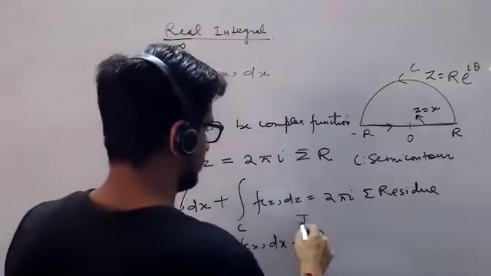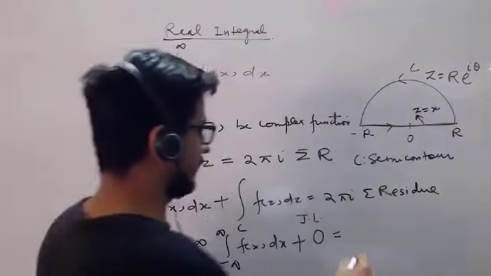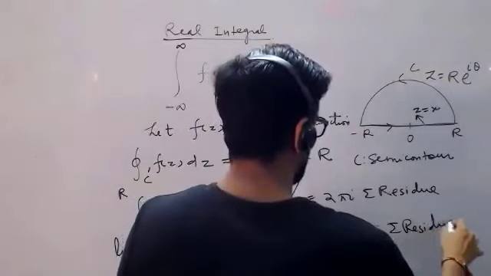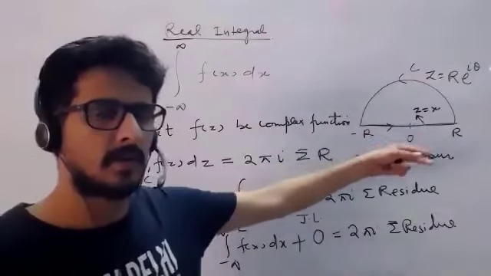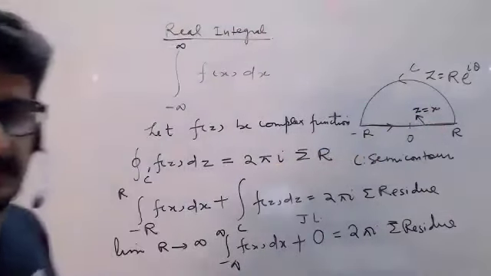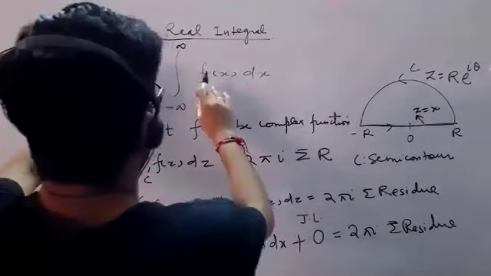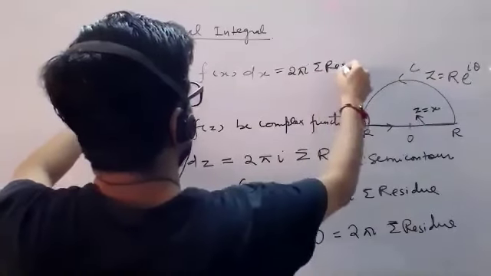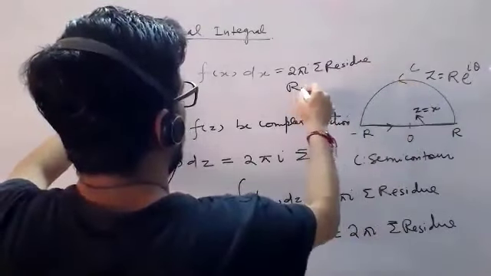After putting this limit, it becomes 0, and this will be equal to 2 pi i into the sum of residues, and the residue will be calculated on all the poles inside this contour where R is the radius of the semicircle. So our formula simply became this equal to 2 pi i times the sum of residues for this contour where R is infinity.